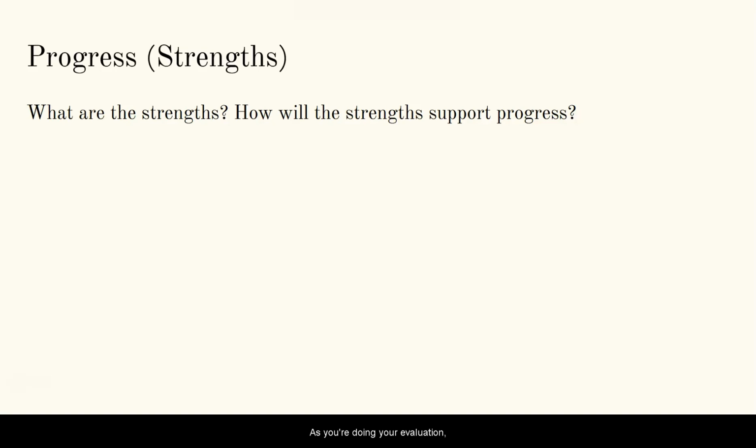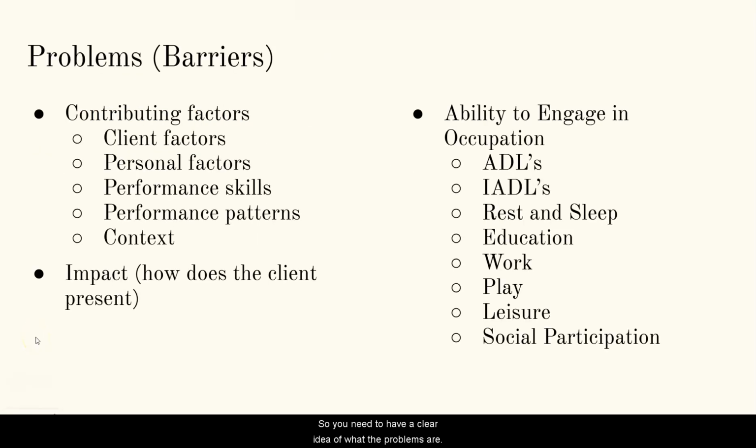As you're doing your evaluation, you also want to identify what their strengths are and how their strengths will support progress. And this is so important when you develop your intervention plans in the fall. So you need to have a clear idea of what the problems are, what the contributing factors are, performance skills, body functions, body structures, client factors, how it impacts how they present, and their ability to engage in occupation.